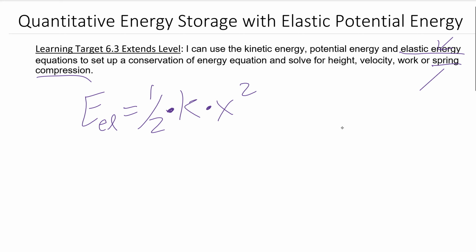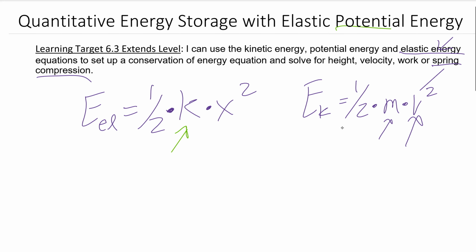This looks really similar to the one for kinetic energy, which is 1/2 mv squared, where m is mass and v is velocity. For elastic potential energy, I'll probably drop the potential and just say elastic. The k stands for the spring constant, and we'll talk about what that actually is in just a moment.